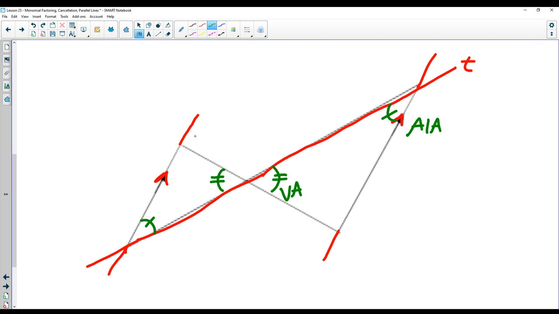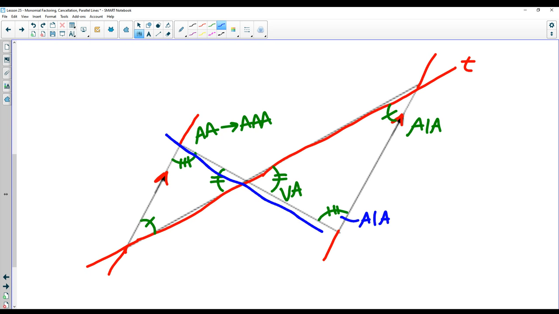And whenever we have two angles congruent, what does that mean about the third angle? It is also always congruent. And also, by the way, these are another pair of alternate interior angles with this transversal here. Sorry about my lines. You get the idea.